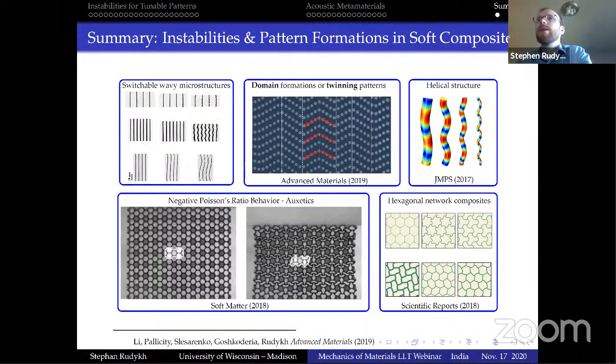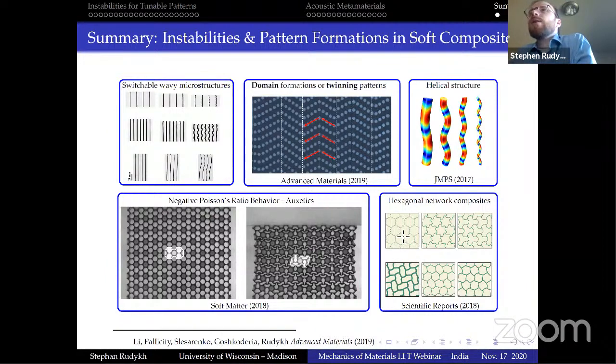So for this hexagonal network composites, right? We start from a simple composite hexagonal network, but then we basically rely on what we learn from laminates. So we can predict or estimate the wavelengths based on the parameters similar to what we have seen in laminates.